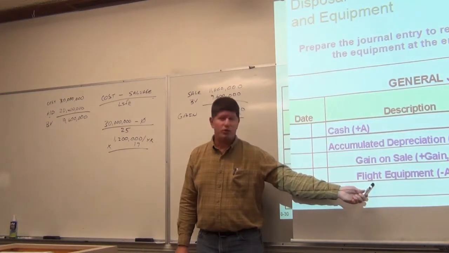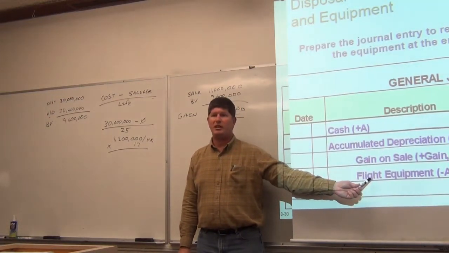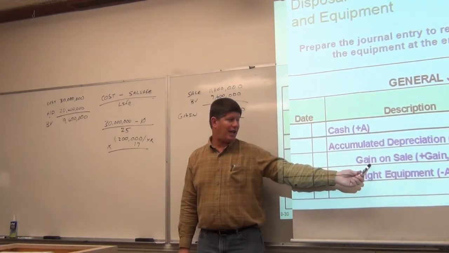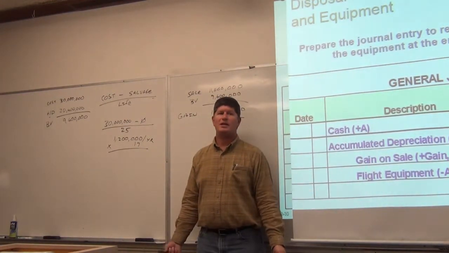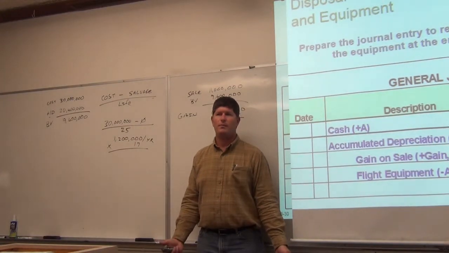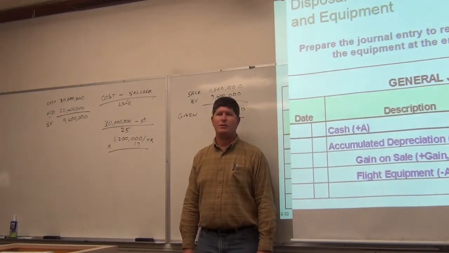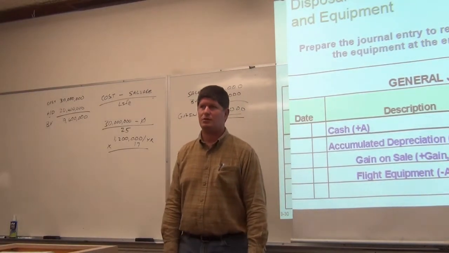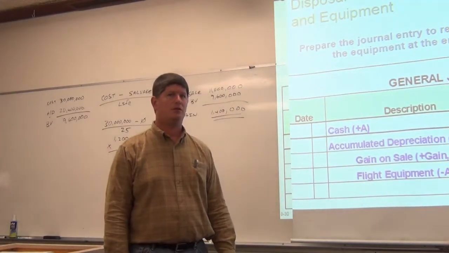The equipment, the original $30 million, was a debit. To make it go away, we've got to credit it. And the difference is the gain. Gains are always a credit, just like revenue. And there's your entry. Is my entry in balance? Yes. Questions? Good?